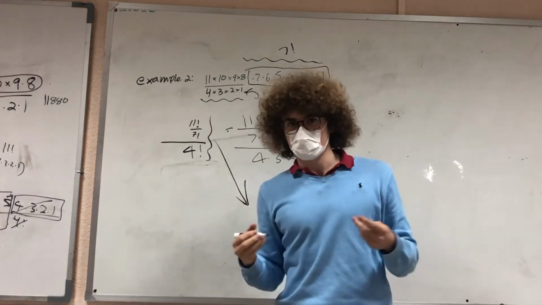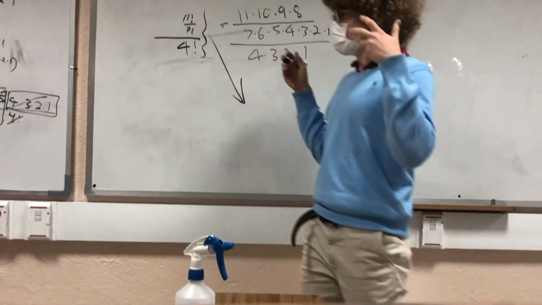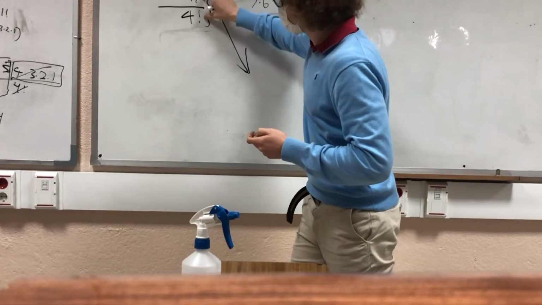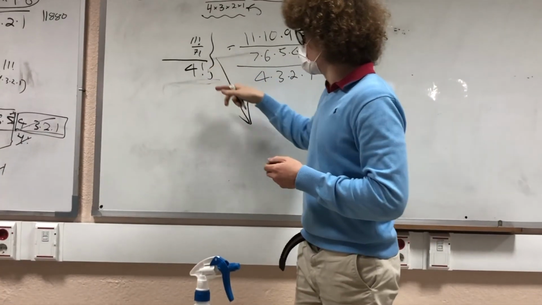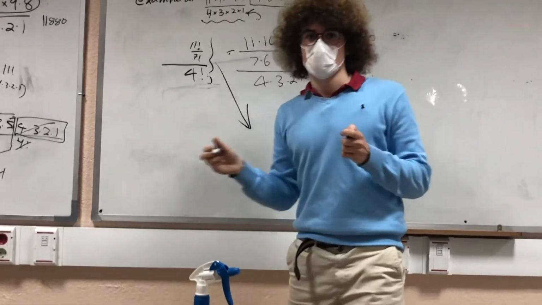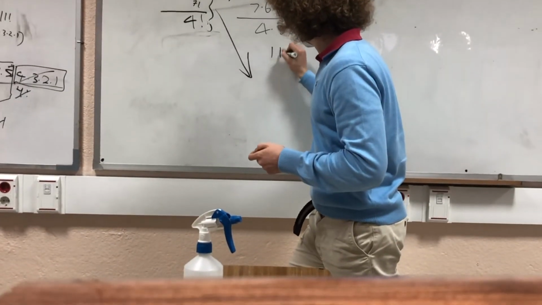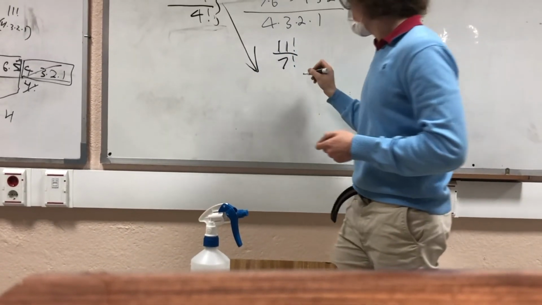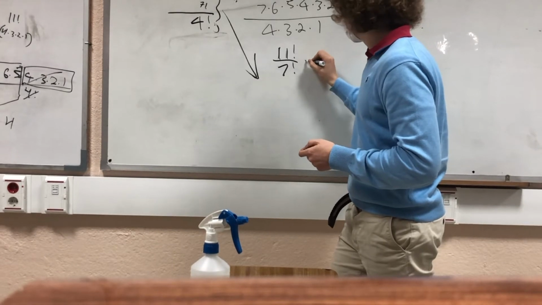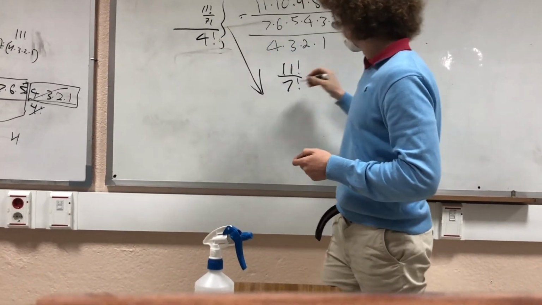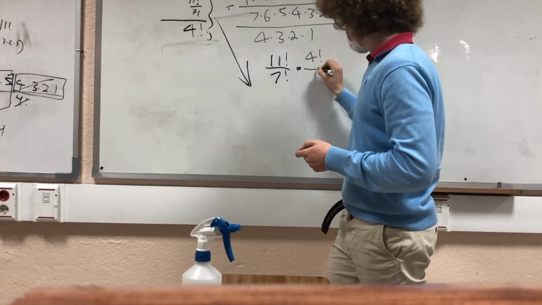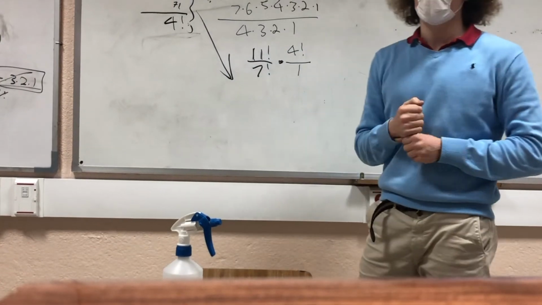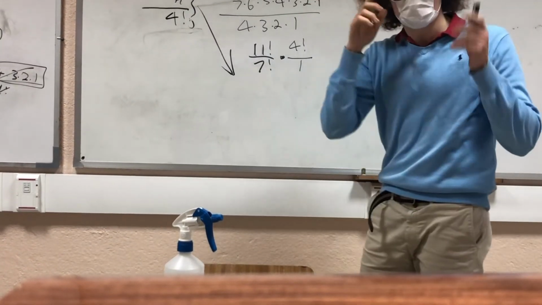So how would you rewrite this in a more simplified and mathematically logical manner? Well, there are 2 denominators here, as you can see. This 4 in the further denominator shouldn't be another denominator. So what you do is you get 11 factorial over 7 factorial. Now to get rid of that 4 in the denominator, you put it up. So you say times 4 factorial. Now, we know that when we are getting rid of denominators in a double fraction, we need to do the reciprocal of that.